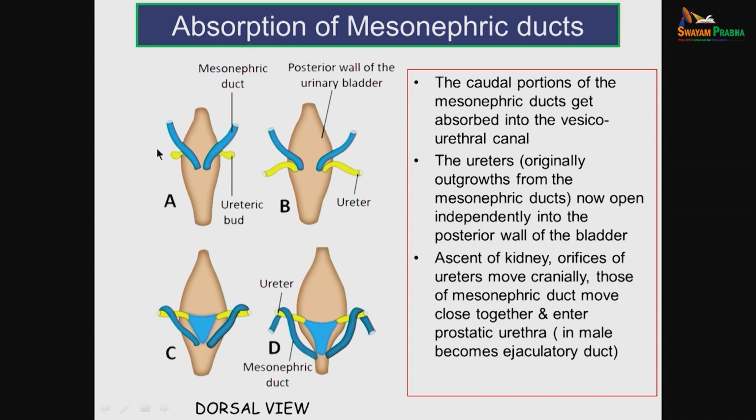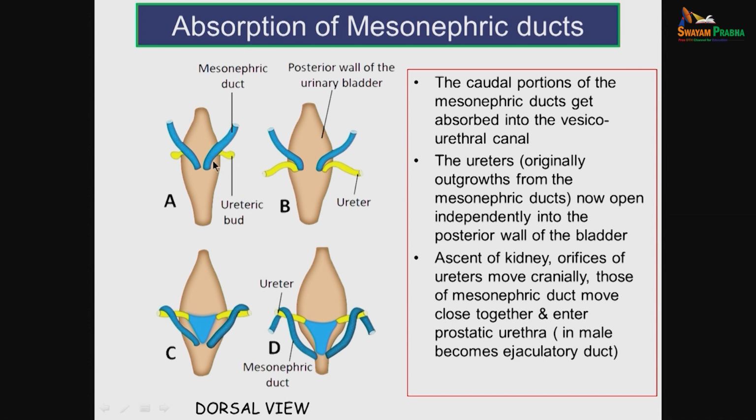Now, this is the posterior view of the vesico-ureteral canal. This cranial part is going to form the bladder. So, this is the posterior wall of the urinary bladder. You can see the mesonephric duct opening into it, and from the mesonephric duct there is a ureteric bud, which is called the mesonephric diverticulum.